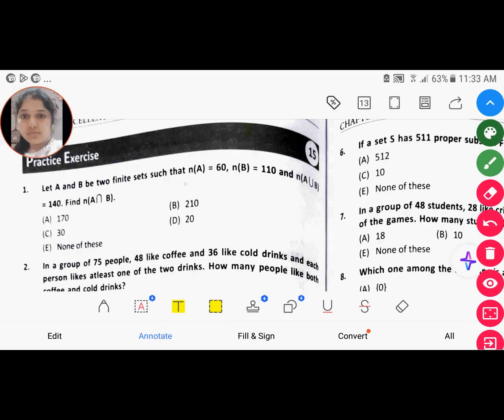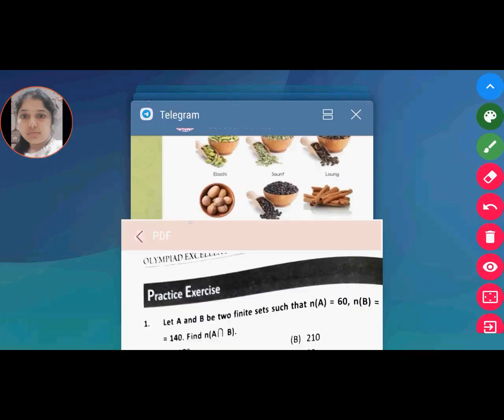A and B are two finite sets such that number of elements in A is equal to 60, number of elements in B is equal to 110, so number of elements in A union B is 140. So A intersection B we have to find out. Now see what is given to you.